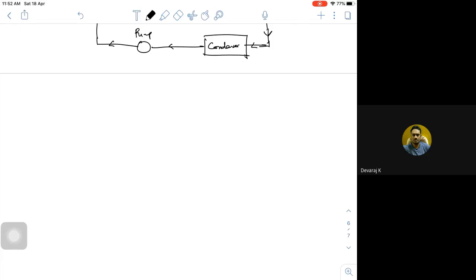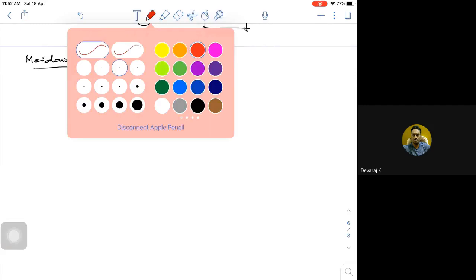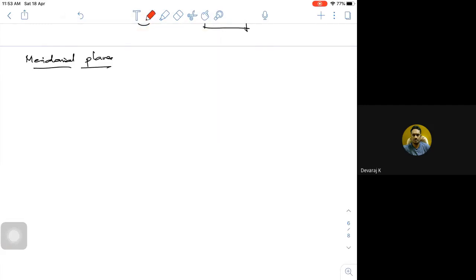How many of you are aware of the meridional plane? See, if I have something like a rotor, this is the side view of a rotor.